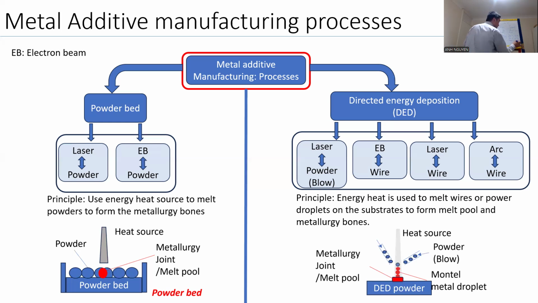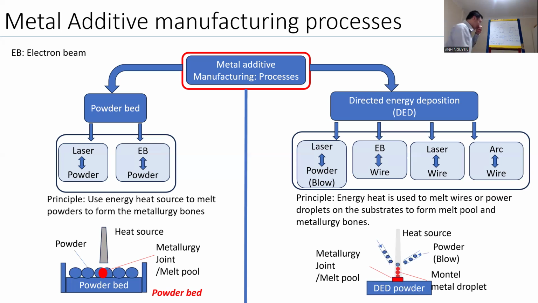Based on the knowledge and understanding from this, can we say the definition for powder bed and DED? What is the difference? For the powder bed, we use laser or electron beam interacting with powder to create 3D objects.